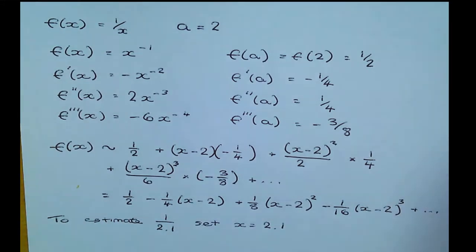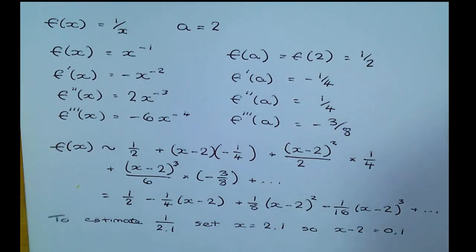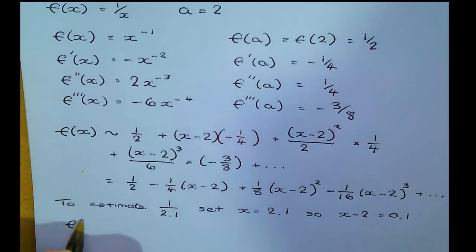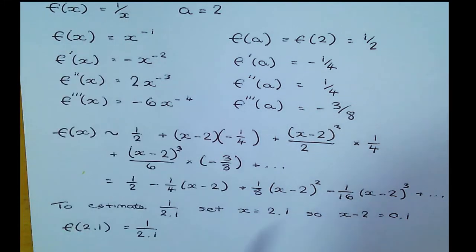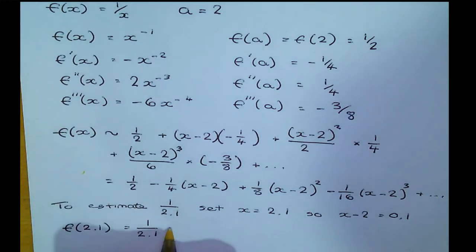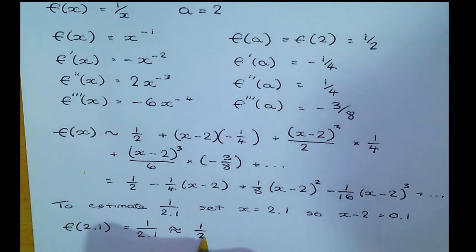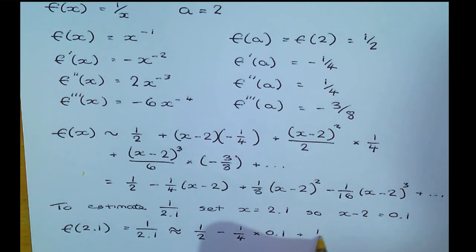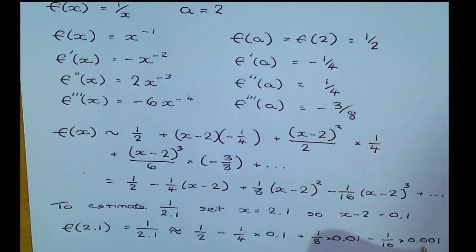So all those powers of x minus 2, x minus 2 is equal to 0.1, and putting this into the function, we'll get that f of 2.1, well, we know that this will give us 1 over 2.1 from the definition of the function here, but from the series here, we get that it's approximated by 1/2 minus a quarter of 0.1 plus an eighth of 0.01 minus a 16th of 0.001. And we can continue.